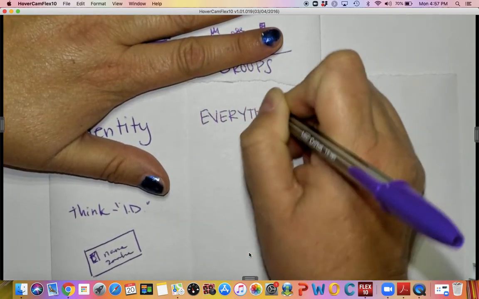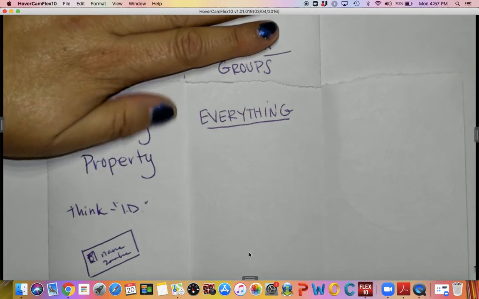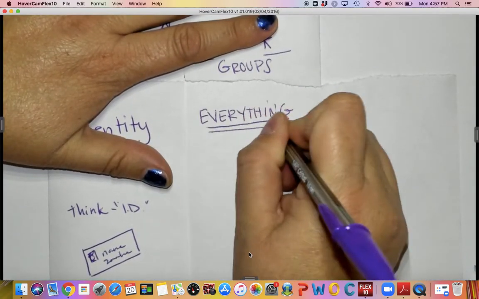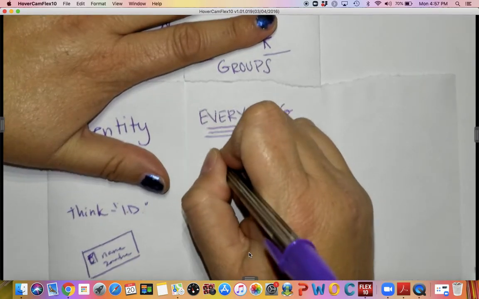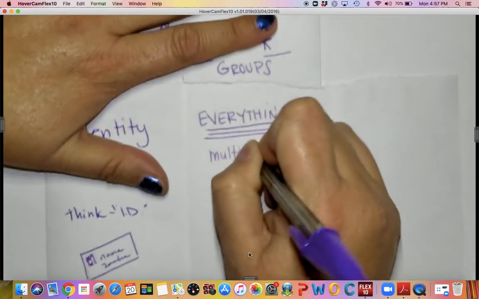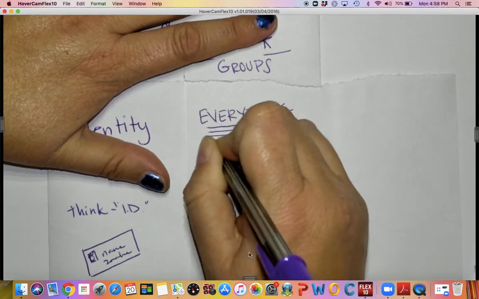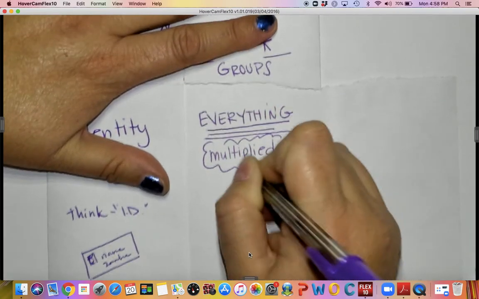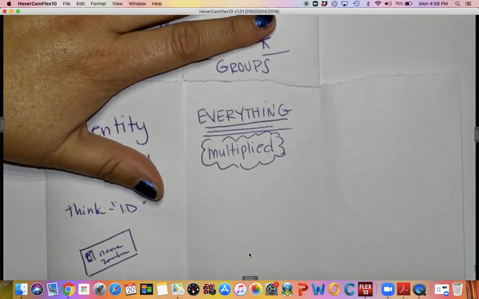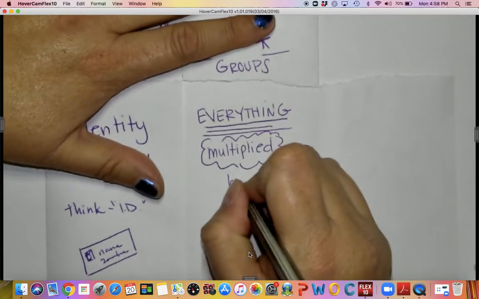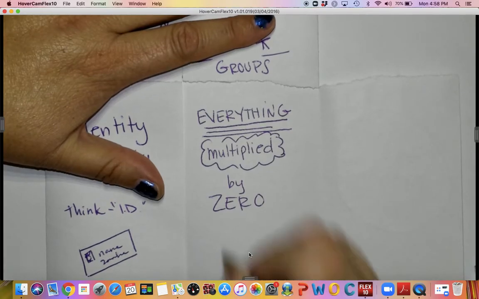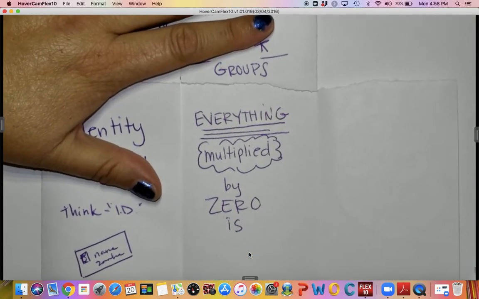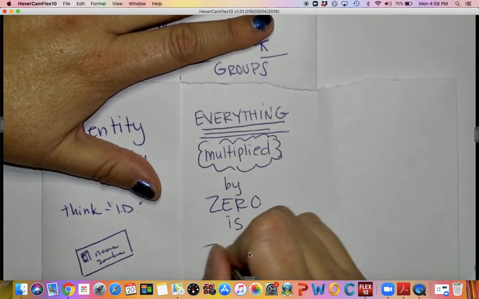Everything, underline it 3 times, multiplied, put a little cloud around that, make it fancy, by 0 is 0.